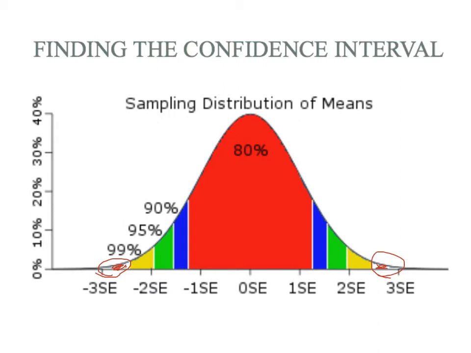That's what we're talking about when we're talking about confidence intervals. So we're going to find a range that will tell us how likely it is that our mean is within this larger area here rather than in the tails. So that's what we're doing with a confidence interval.